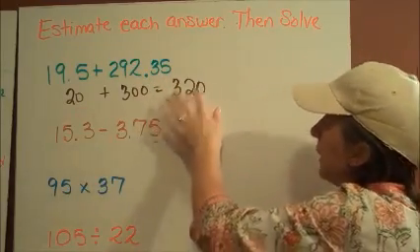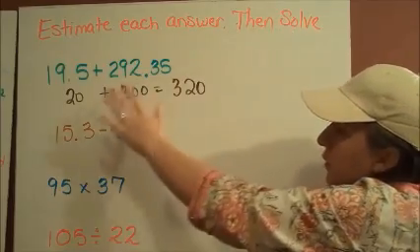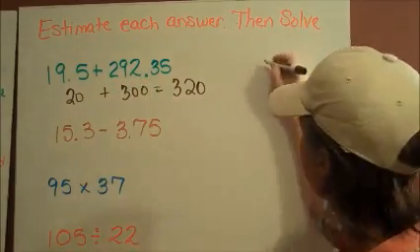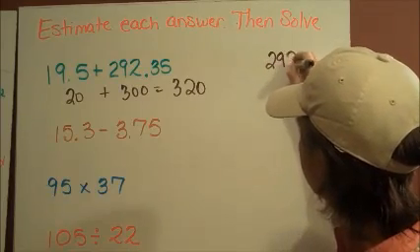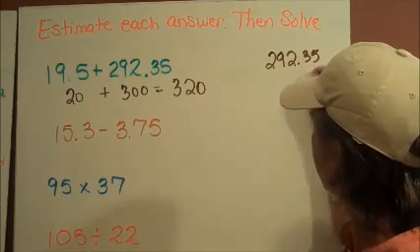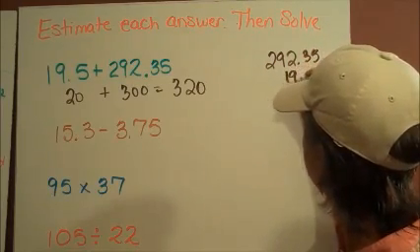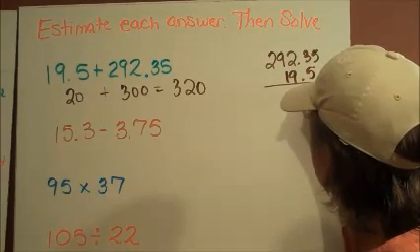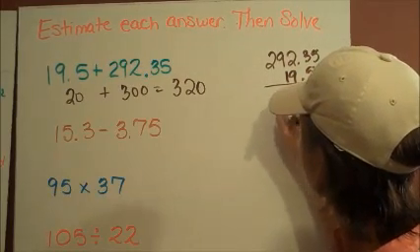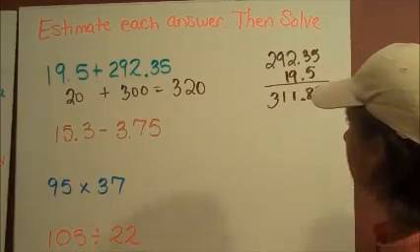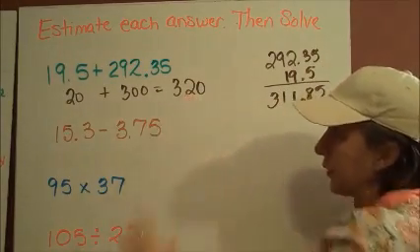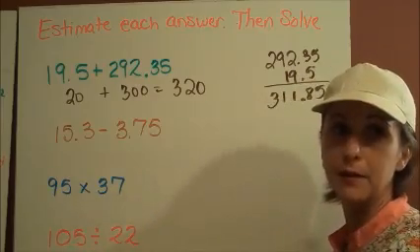This is my estimate. Then solve, which means it actually wants me to go back and solve this problem to compare it to my estimate. 292 and 35 hundredths plus 19 and 5 tenths. 311 and 85 hundredths is what I got for this answer, compared to 320, which is what I got for my estimate.